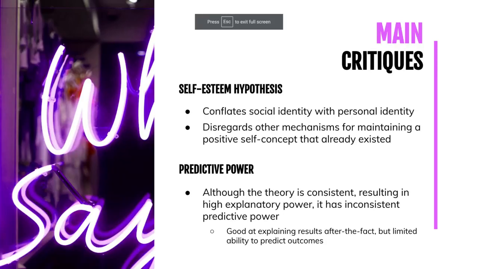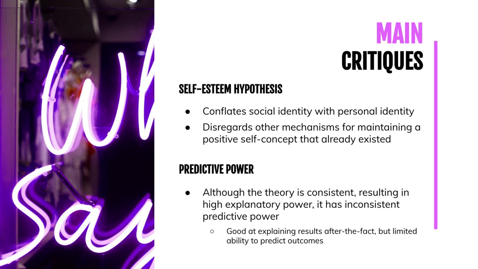So finally, some of the main critiques, particularly of social identity theory. Identity theory tends to be more well integrated into social psychology. Social identity theory, again, is pretty isolated, although there are some attempts to bring it more into sociological social psychology. But the first critique is on the self-esteem hypothesis.